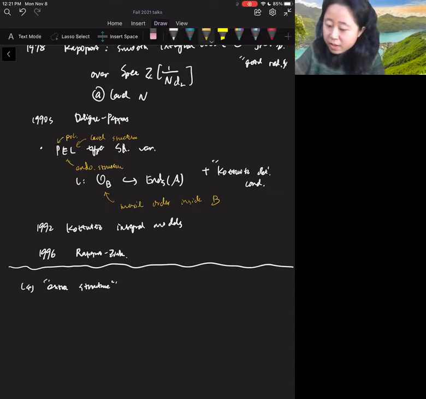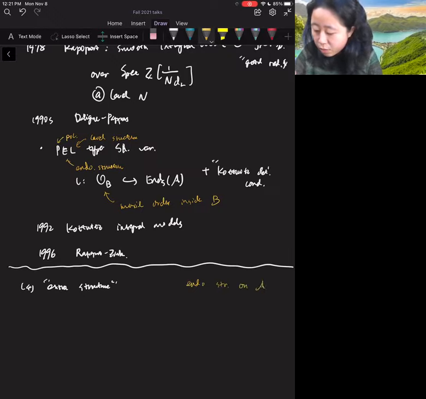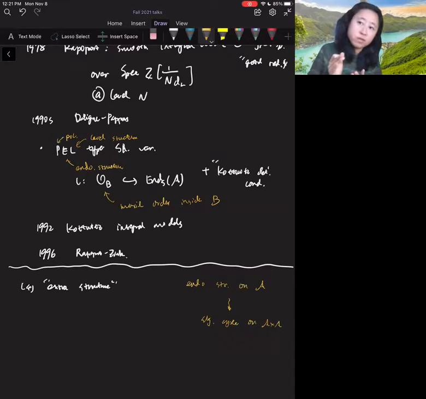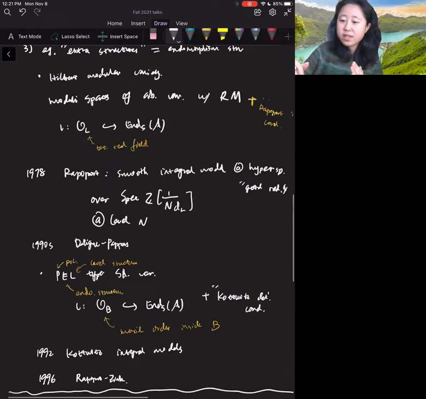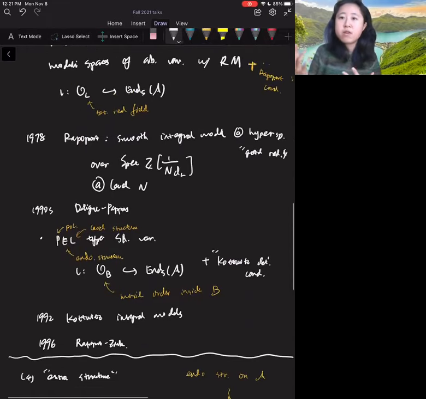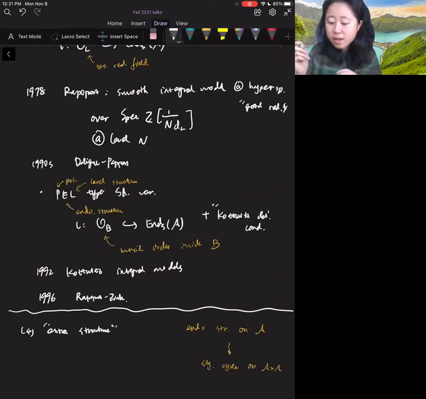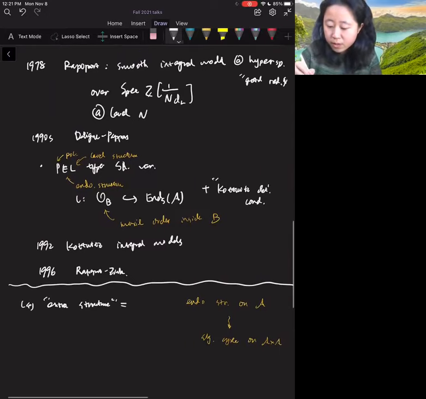If you think about it, an endomorphism structure on your abelian variety A basically gives you an algebraic cycle on A cross A, because you can just take the graph of this endomorphism. And so basically these PEL type Shimura varieties can be thought of as moduli spaces for abelian varieties equipped with algebraic cycles. And in general, you can replace algebraic cycles by something called Hodge cycles.